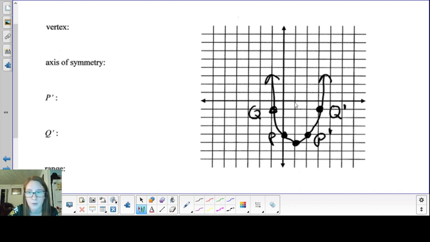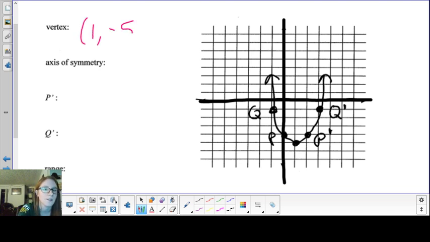If I go ahead and darken these a little bit, you can see the points. Looking at this point down here because it's the lowest point, starting at 0, 0, I go right 1, so positive 1, and then 1, 2, 3, 4, 5 down. So my vertex is at 1, negative 5.